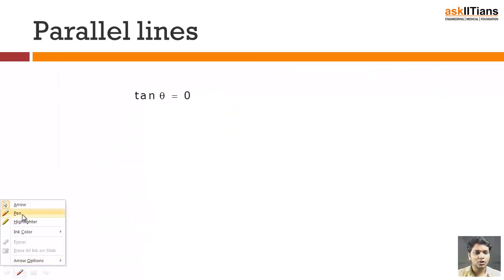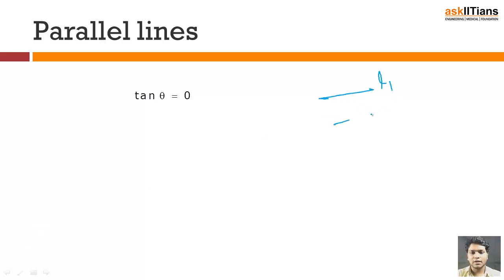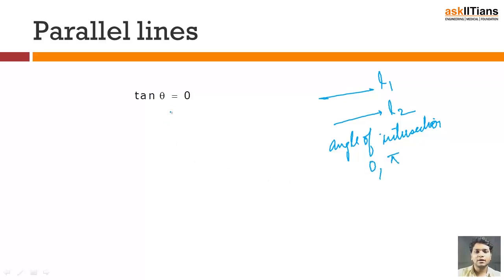See, what we are talking about here is that if we have line L1 as this and line L2 as this, they are not intersecting, which means the angle of intersection is 0, and the supplementary part of that is going to be pi. So we are taking it for 0.